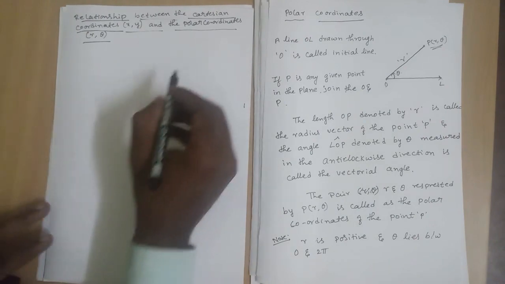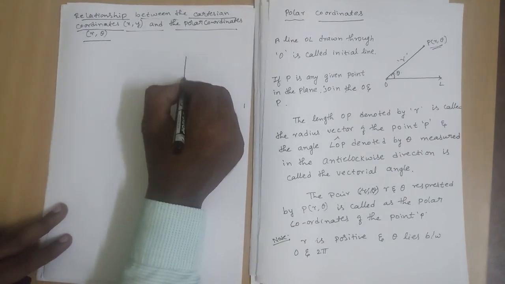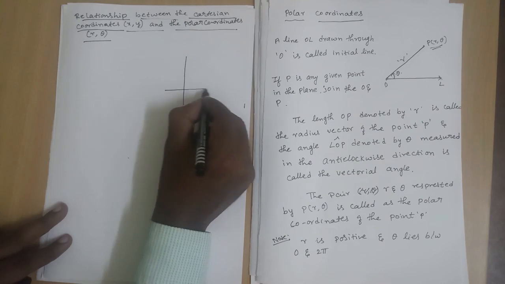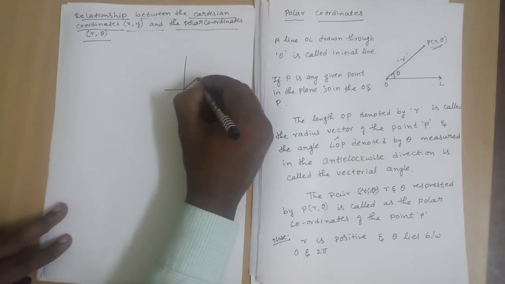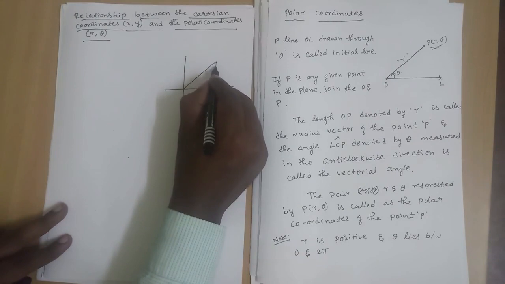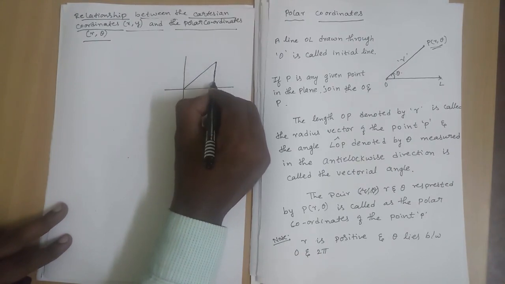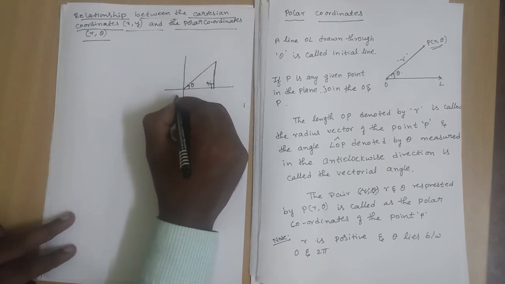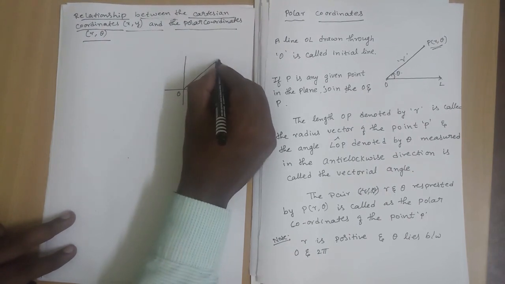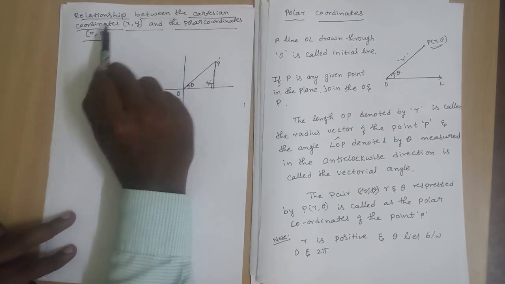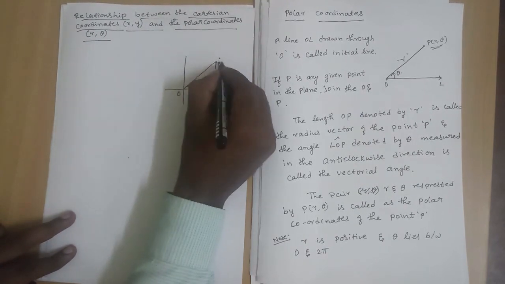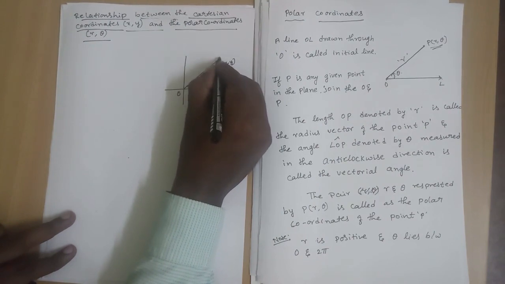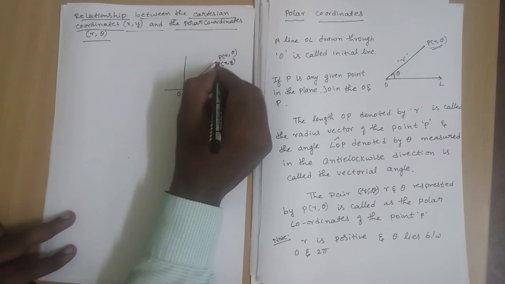I'll draw the figure first. This is your 90 degrees, and here is angle theta, and this is O. P of x comma y and P of r comma theta are the same point.